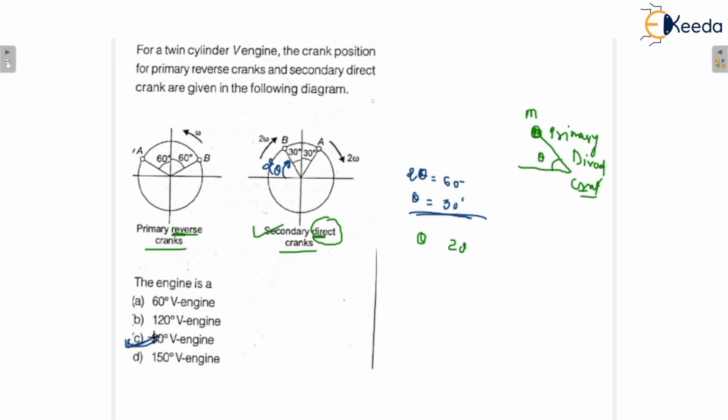If you get the wrong answer, unfortunately, the wrong answer will also be in the options and you will think that you are correct. So be careful about this type of question. Thank you.